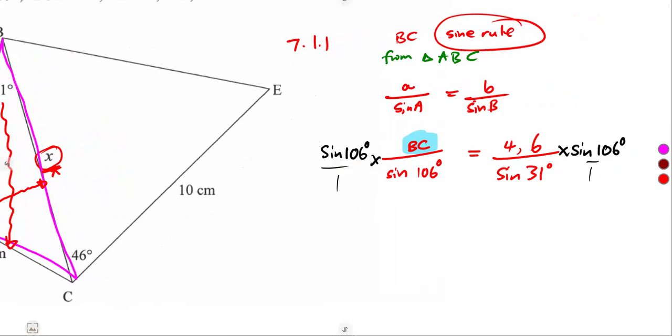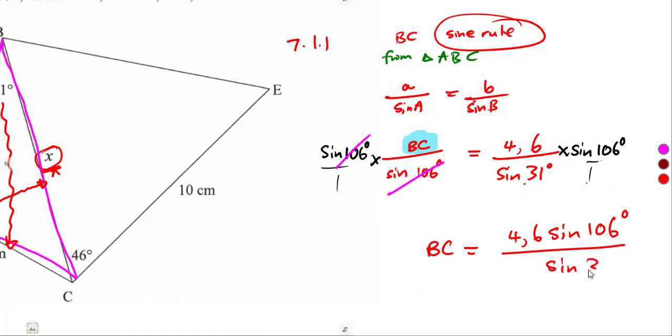So the sine and the sine cancel. We are left with BC. So BC is equal to 4,6 times the sine of 106, all over sine 31, which is the sine of 31 degrees. So that is what you're going to have.